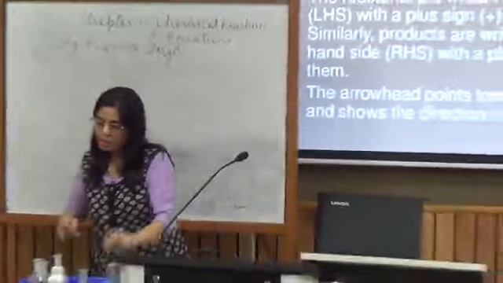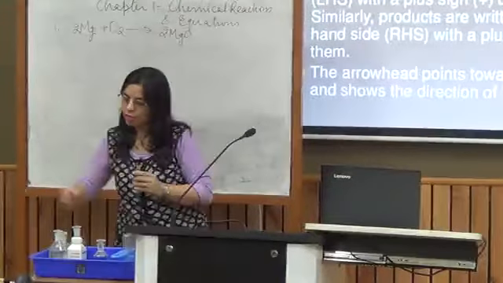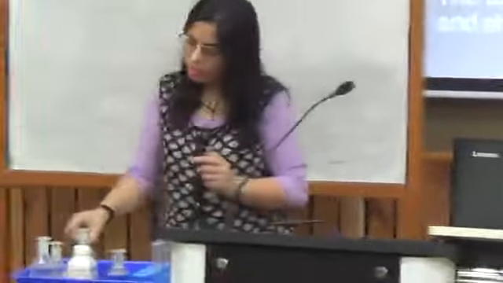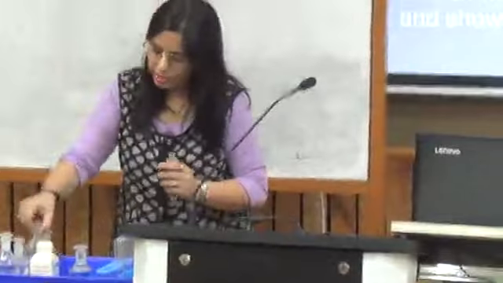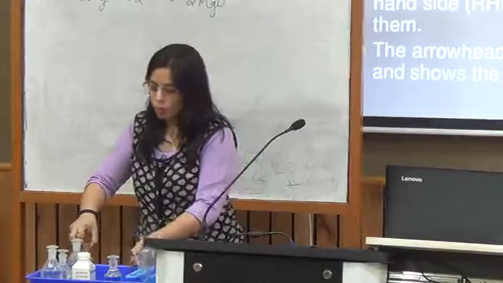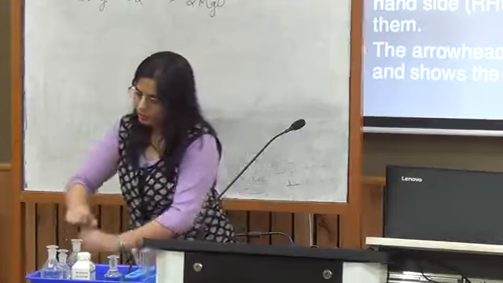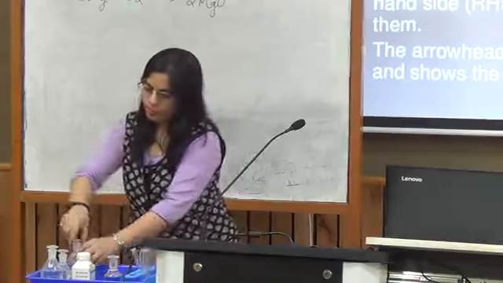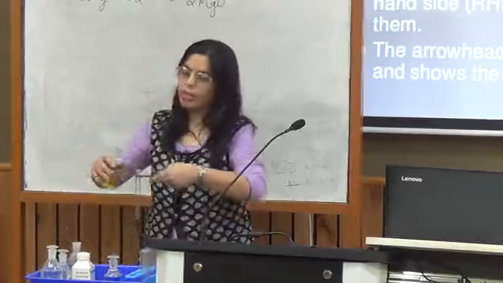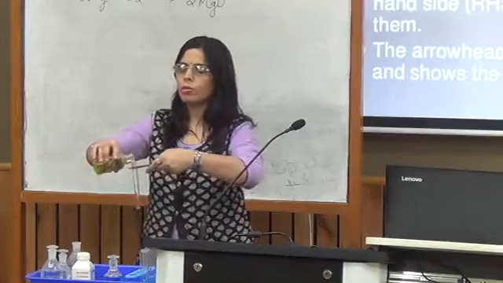Then there's another reaction that I'm going to perform for you. I have the solution of potassium iodide and lead nitrate. Again, using the test tube holder, I'm pouring a small quantity of potassium iodide solution into this test tube.